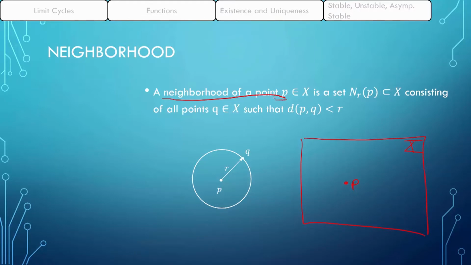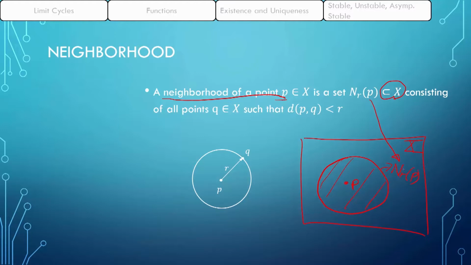A neighborhood of a point P is a set of points around P. We call it a neighborhood, N_R(P). This is a neighborhood set of P, and this neighborhood set of P is still in capital X, in this rectangle.